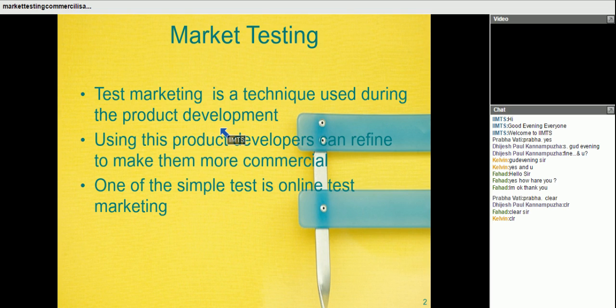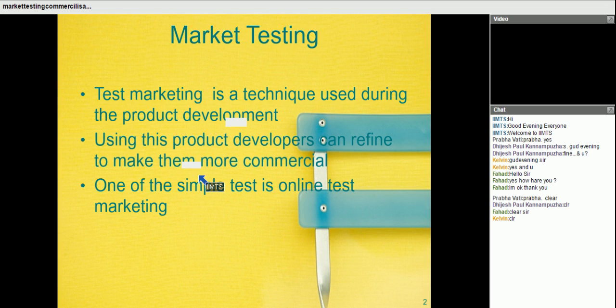So we will use this technique when any product is under development, or under the production phase. It is not launched yet. It is yet to be launched in the market. So at that time we will use this technique. Using this, product developers can refine products to make them more commercial, right?